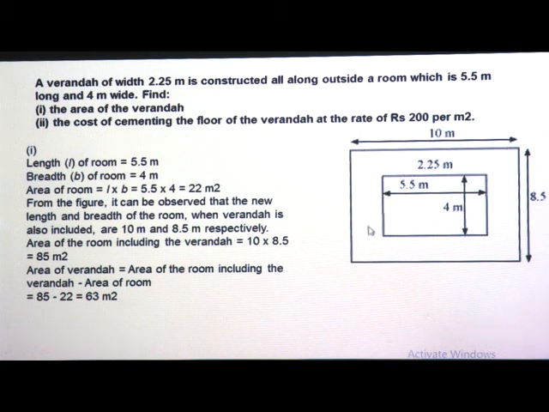So, we know now the area of a veranda. Now you can do the cementing for this, whose cost is given to us as rupees 200 per meter square. Here we know the area of veranda is 63 meter square. Now, we will try to find out how much amount will be required to do the cementing of the veranda.